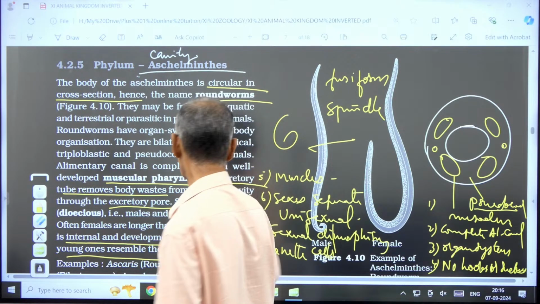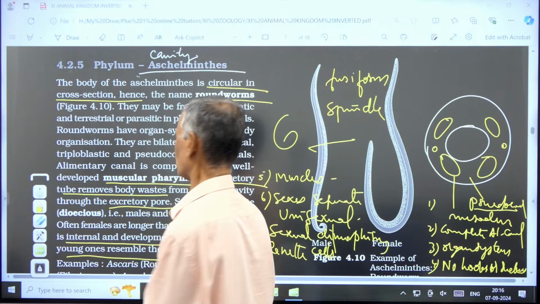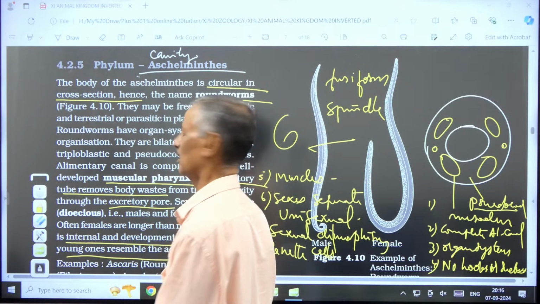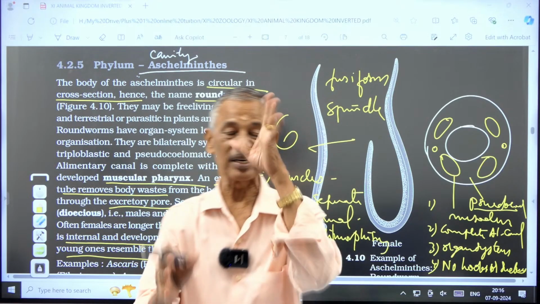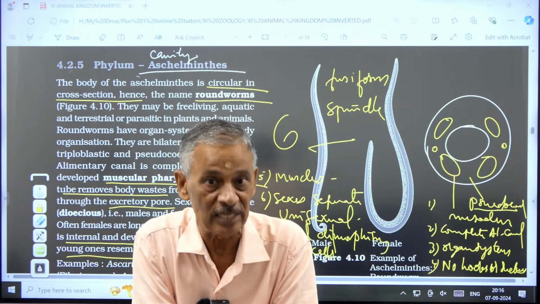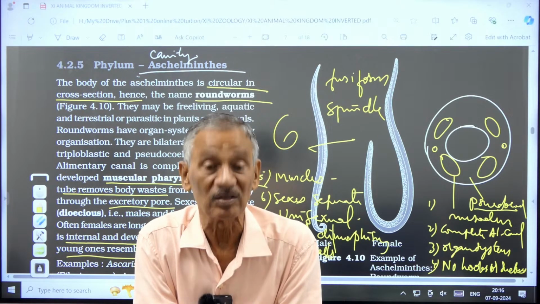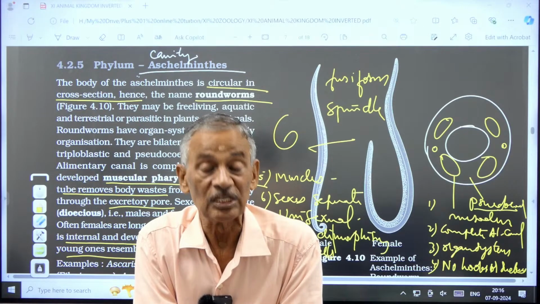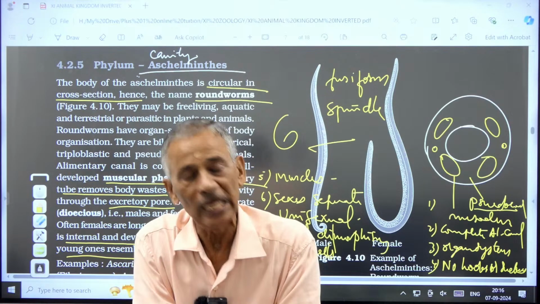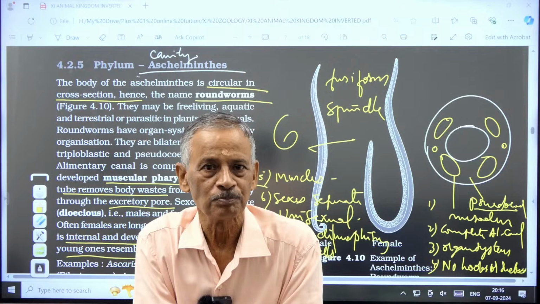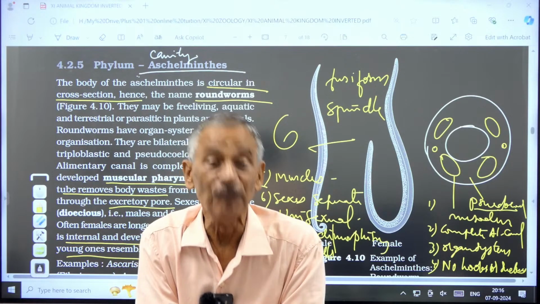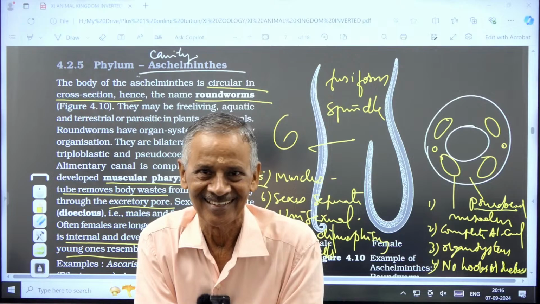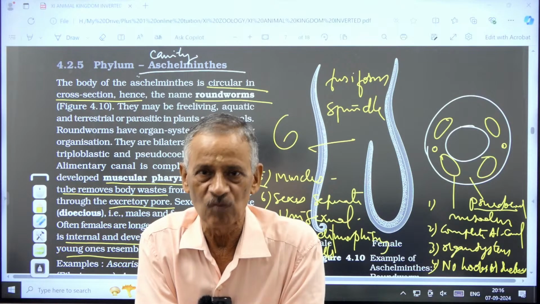Another one is Wuchereria bancrofti, which is also called filaria worm. This filaria worm is causing the dreaded disease elephantiasis, which is spread by Culex mosquito. This is a viviparous filarial worm.